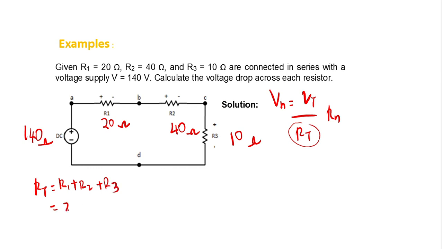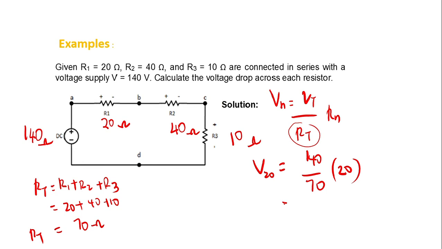So 20 plus 40 tambah 10, 70. Okay, so dapat R total. So V total 140 over 70 times RN. Nak apa yang 20 kan. So yang ni adalah V20. So kira. And then next kira V40, V10 berapa. Guna formula yang sama.